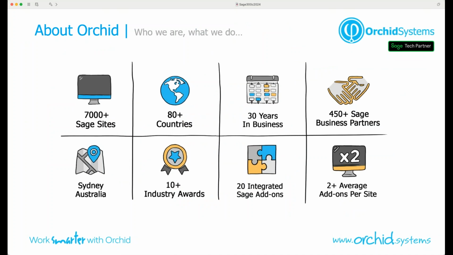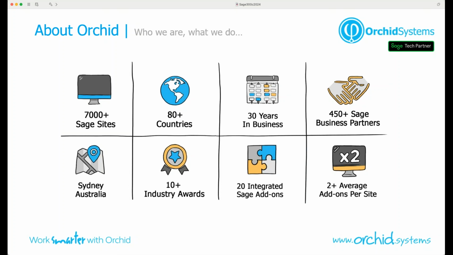So Orchid, at this stage, we have over 7,000 Sage 300 sites around the world in over 80 countries, and we've been writing add-on modules for Sage 300 for a long time now. And we're supported throughout the world by over 450 Sage business partners.